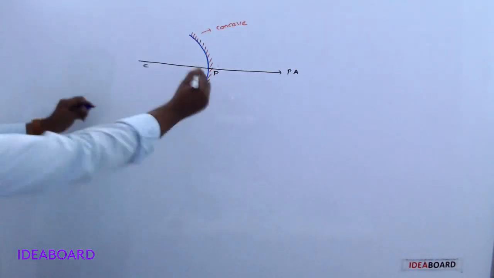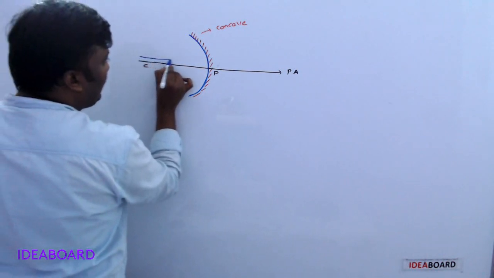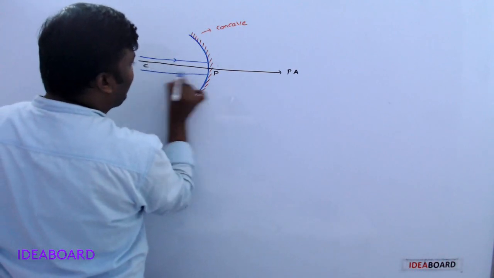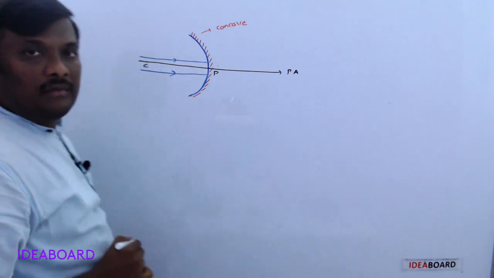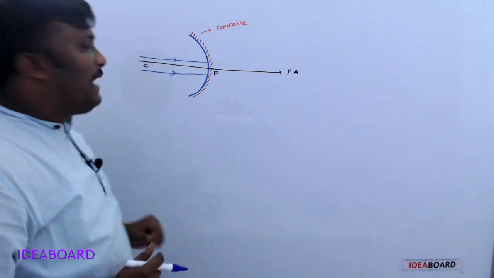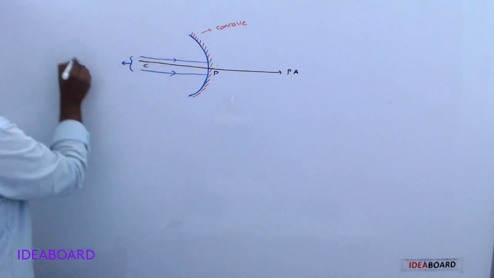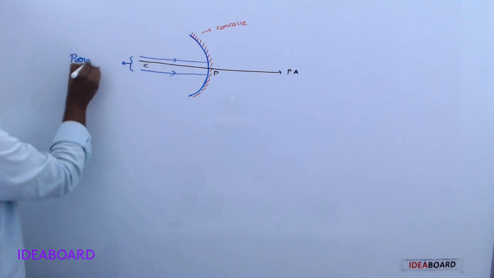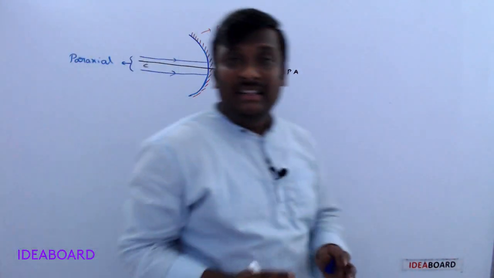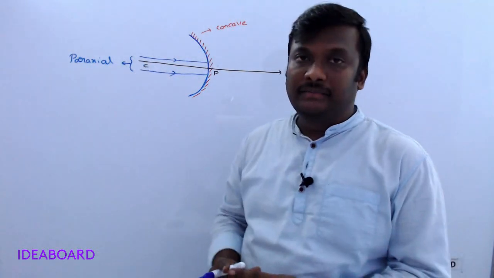Now listen carefully. Any light ray which passes very near to the principal axis is called a paraxial ray. What are paraxial rays? The rays which are near the principal axis.